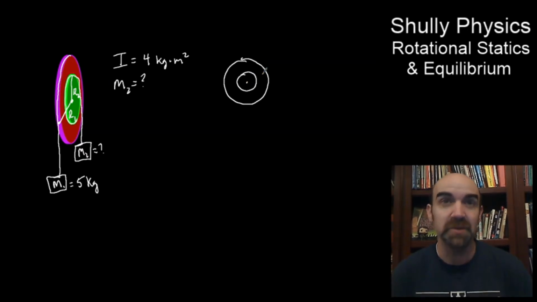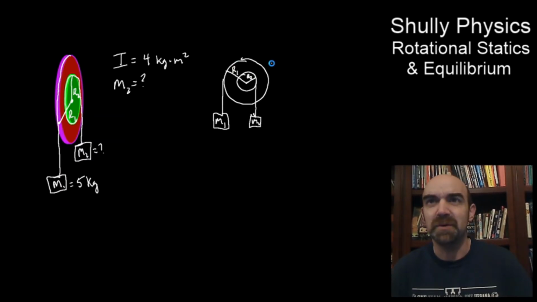They're attached to one another, and we're going to be hanging masses from this direction. We're going to have mass 2 hanging off this side, and mass 1 hanging off this side. I think that's a little easier to see. All right, and our outer radius R1 and inner radius R2.